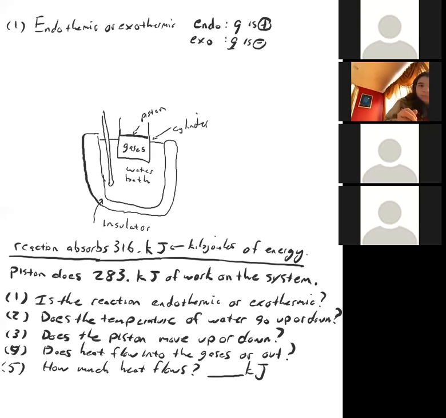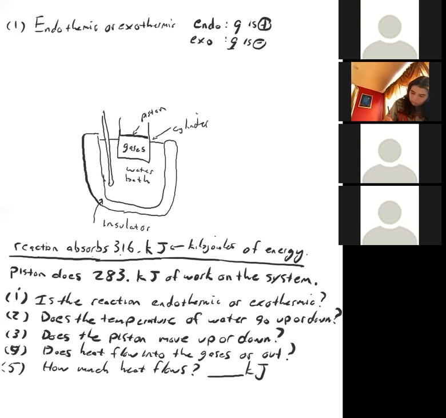So we look at the information. It says the reaction absorbs 316 kilojoules of energy, but that doesn't say heat. So that's not heat it's talking about. If it said it absorbed 316 kilojoules of heat, we would have our answer. But it just says energy, not heat. It also says the piston does 283 kilojoules of work on the system. Again, that's not heat. So we don't know what heat is in this problem. We cannot answer this question here until we know what the heat transfer is.